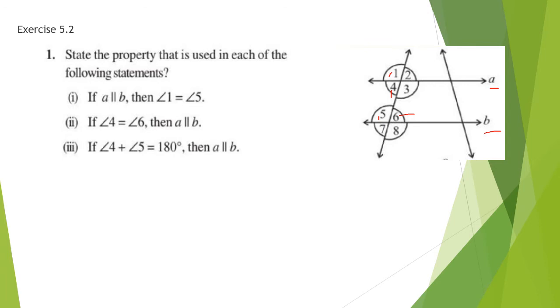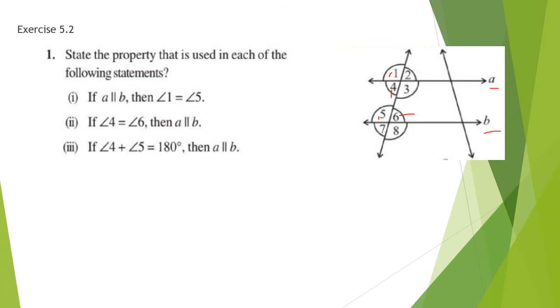Then what is the third one? Angle 4 plus angle 5 is equal to 180 degrees. Angle 4 and 5 are angles formed on the same side of the transversal. 4 and 5 are interior angles, and also they are on the same side of a transversal.